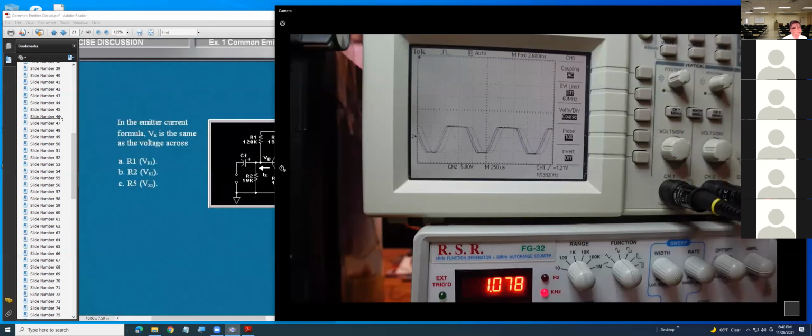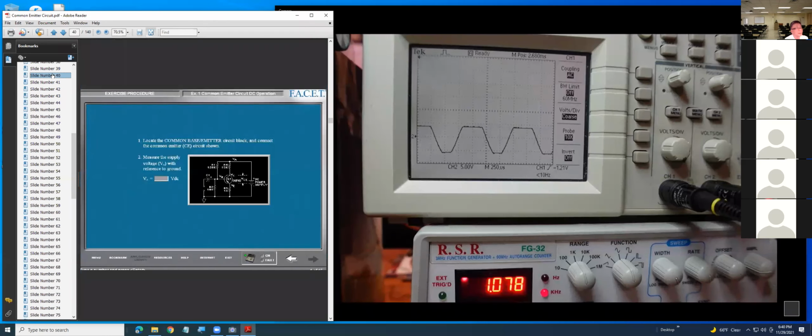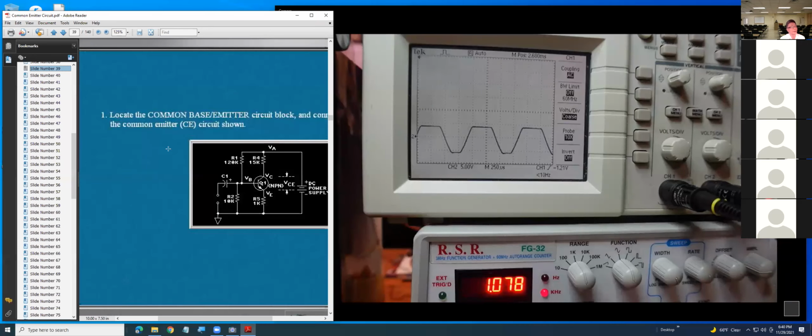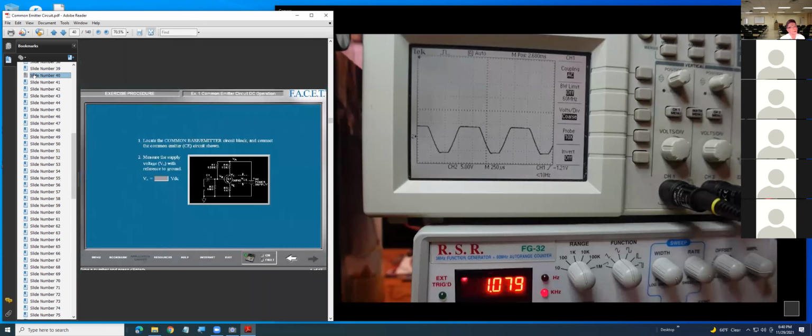I just quickly go to here and try to see what they're telling you to do in the calculation. Do they measure the voltage? So now they build that one here on the DC.